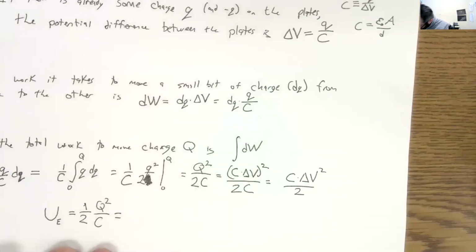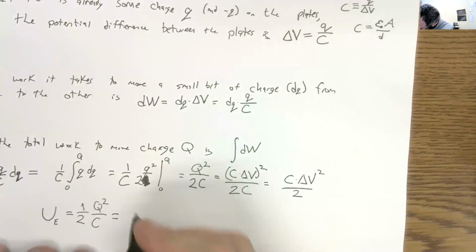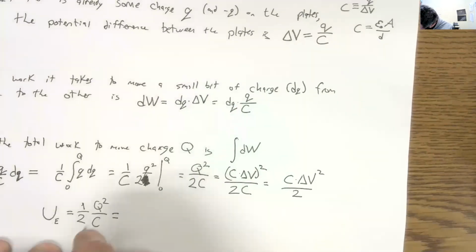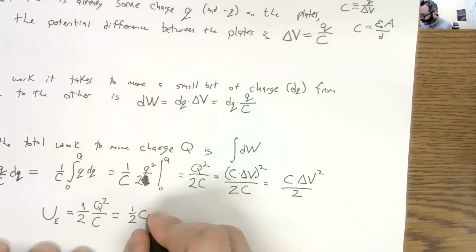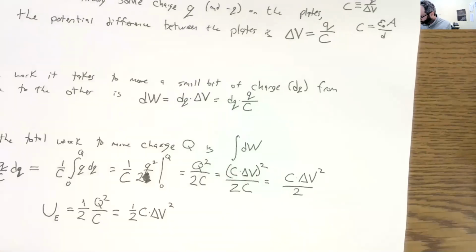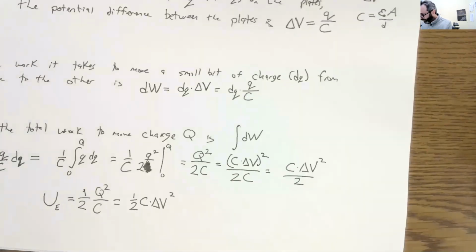So another way to write the energy inside a capacitor is 1/2 capacitance times potential squared. Which is probably the most useful way to write that energy.